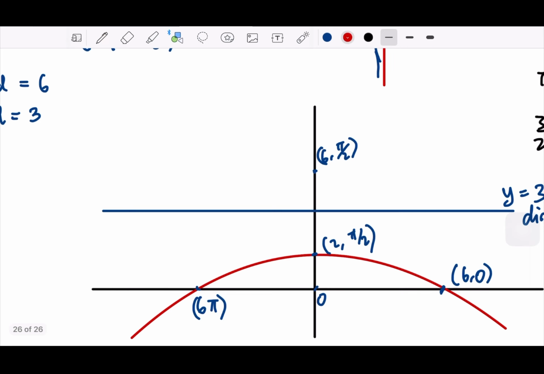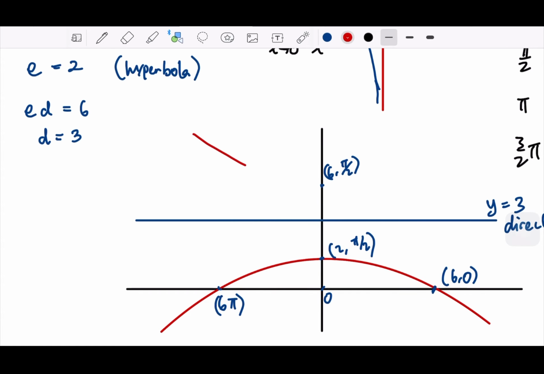And it should be the same curve like that. But to make sure that this hyperbola is correct, my drawing is actually not really a hyperbola, it should be a little bit more acute like that.